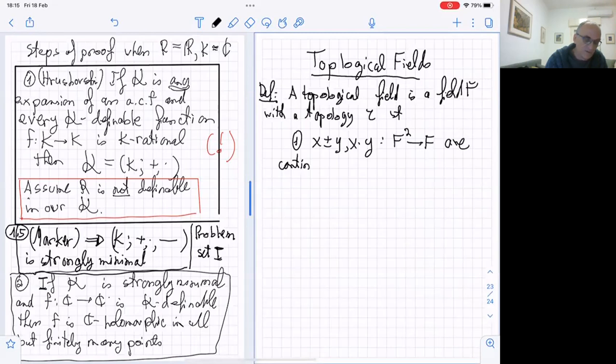And when we say continuous, we view F squared with the product topology.